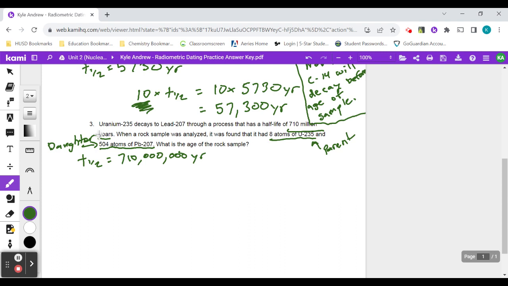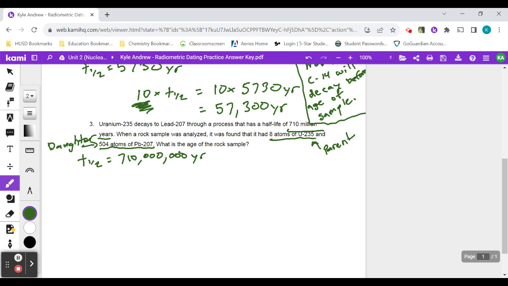Okay. So if we were to rewind time back to the very start, all 504 of these atoms of lead-207 would be part of uranium-235. So we need to figure out what percent of the parent is left over.